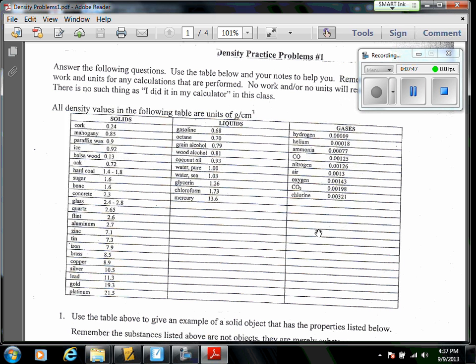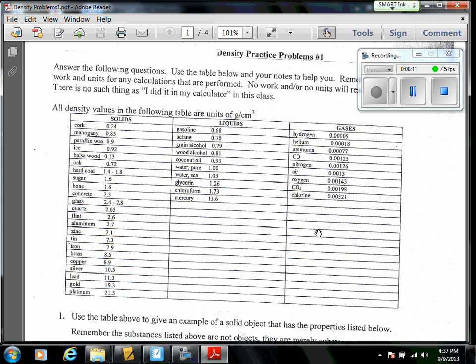For instance, any of the gases like hydrogen or helium or ammonia would be examples of low density and small volume. Low density and a large volume, again, that would be the gases and some of the liquids.